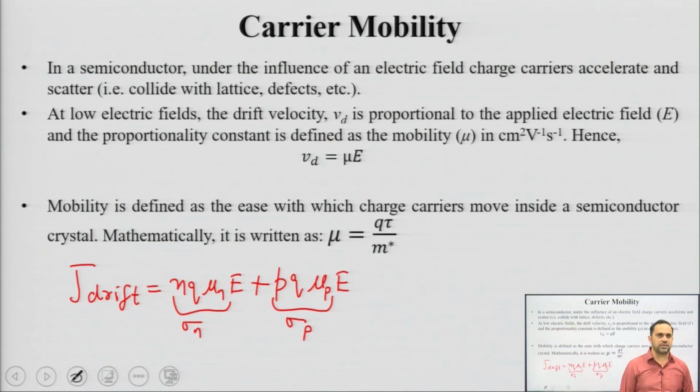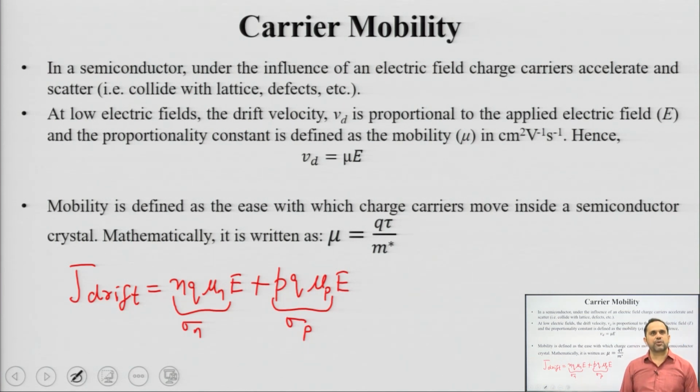So, it depends upon carrier concentration, charge as well as the mobility. Concentration you can control via doping. Once you have done the doping, you do not have much control on n and p, the carrier concentration. Another material parameter which affects this current density inside the semiconductor is the carrier mobility.